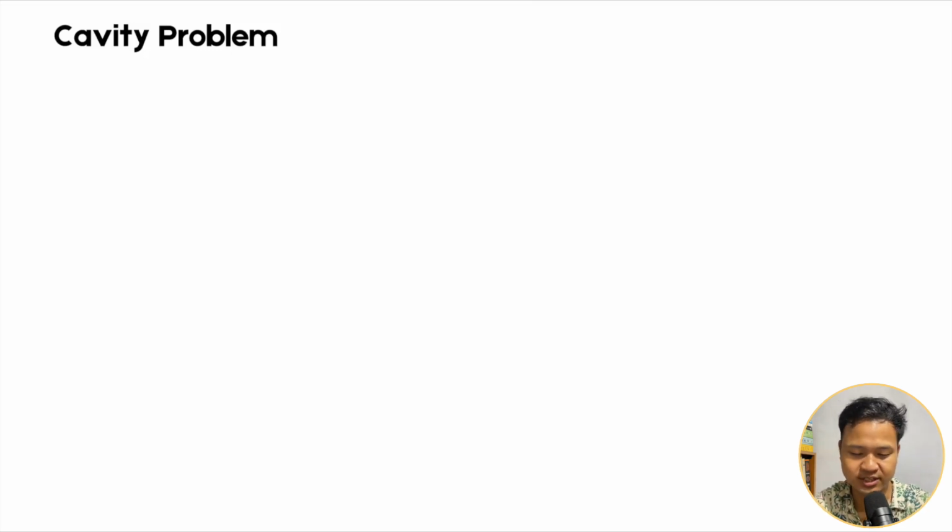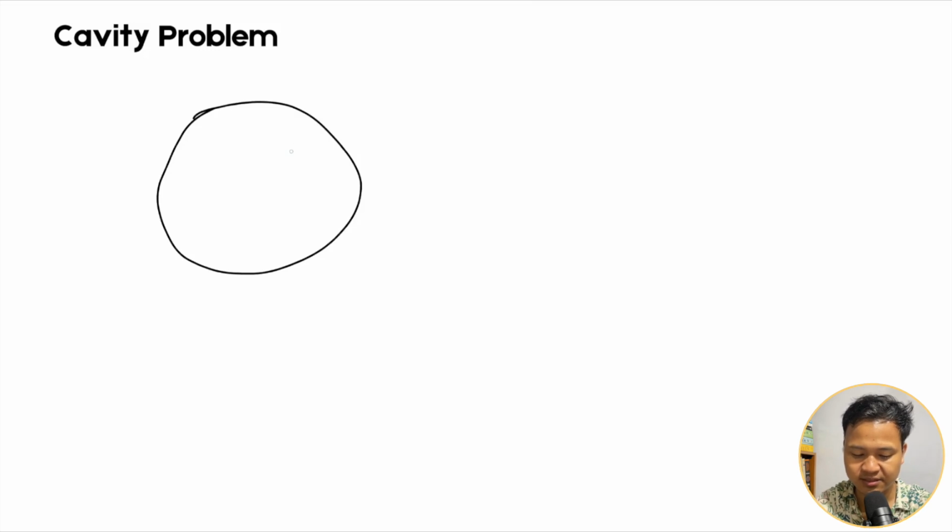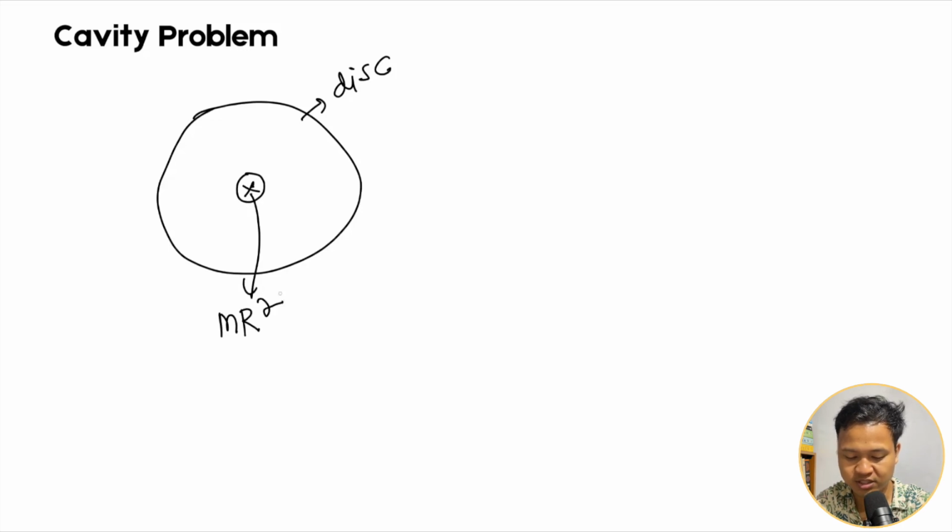The moment of inertia is solved by a similar method. Suppose I have a disk. The moment of inertia about the axis through its center is mr squared.